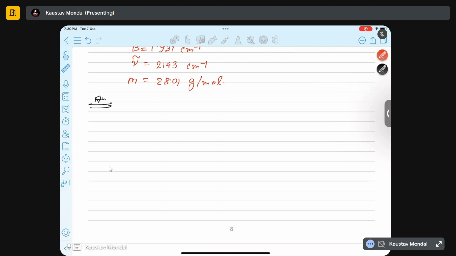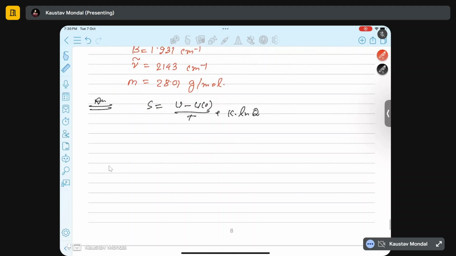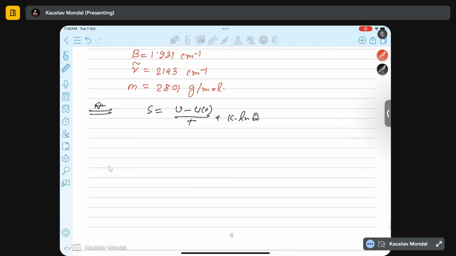Here we know the expression of the entropy looks like this: S equal to (U minus U0) by T plus k ln Q. Q is the total partition function of the system. Now we can write for indistinguishable molecules.